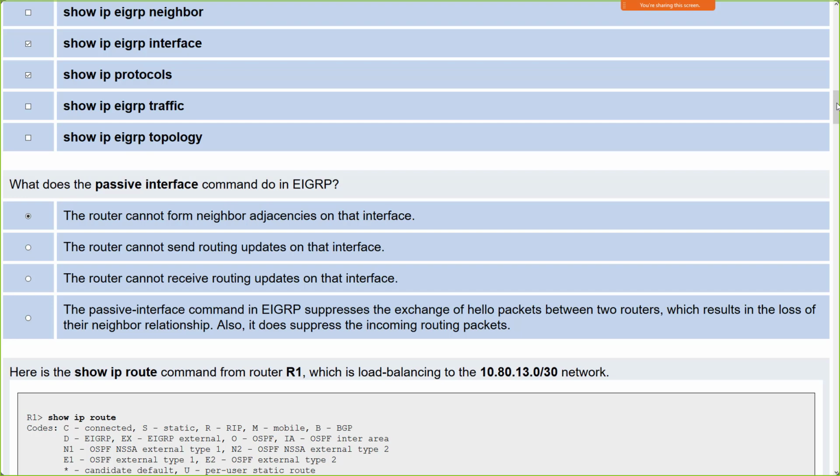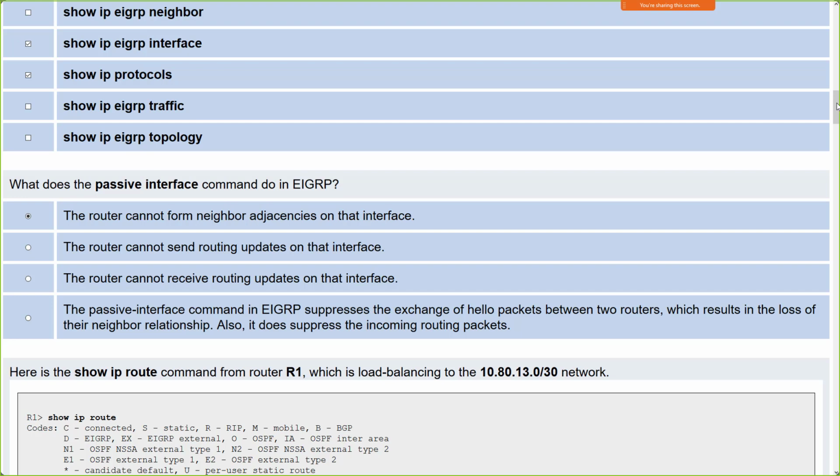Thankfully, the questions on the test are not like this, but yes. I guarantee you that a router cannot form neighbor adjacencies on an interface that's passive, because the hello packets are being suppressed. Even if I did a manual neighbor statement, the hello packets would be suppressed on a passive interface. So A is true, but so is D.